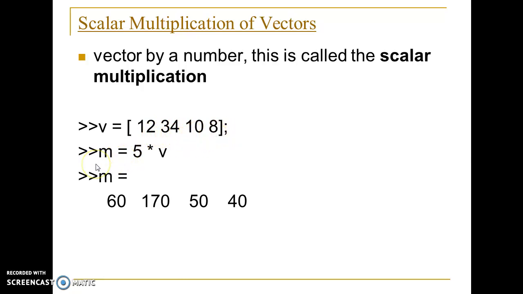And suppose we are doing scalar multiplication, M is equal to 5 multiplied with V. So the answer is 5 into 12, 60. Similarly, 170, 50 and 40. So hence the scalar multiplication of vector V with 5 is 60, 170, 50 and 40.